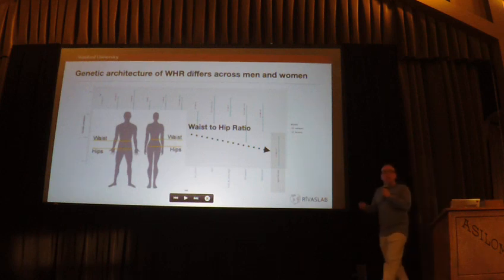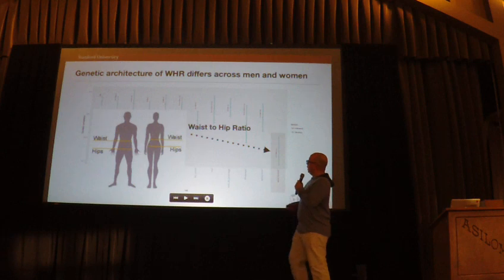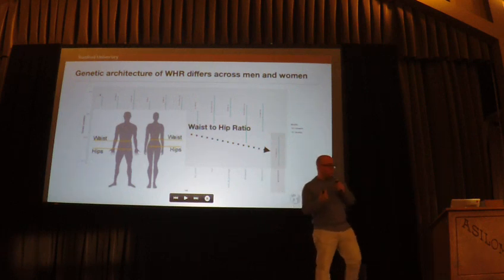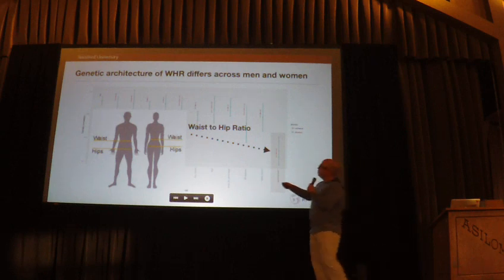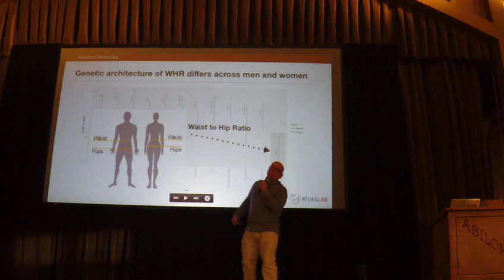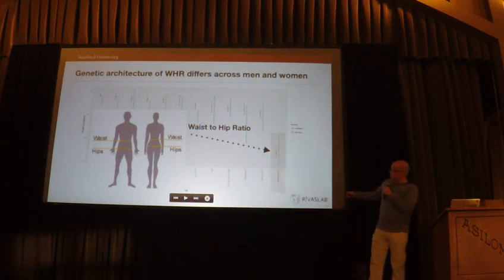In fact, she's also able to pick out that for waist-hip ratio, when you compare the genetics of waist-hip ratio in males and females, you don't see the patterns of correlation of genetic effects that you see for other traits, matching what has been reported in the literature as well.